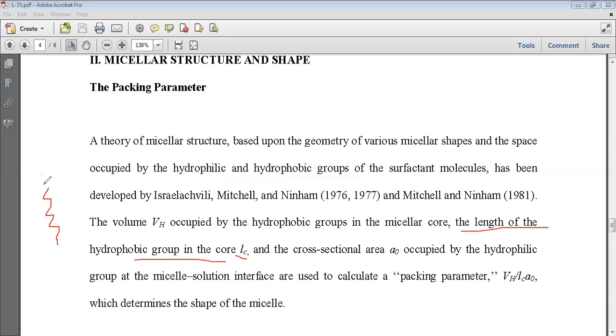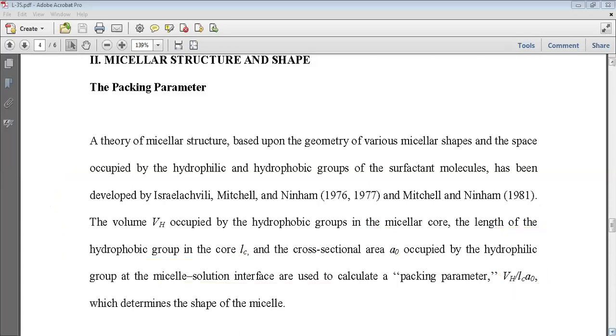You find how much area this head group occupies, and you represent this by A naught, at the micelle solution interface. So if you take this ratio, VH, the volume occupied by the hydrophobic group, upon LC A naught, this is called the packing parameter.